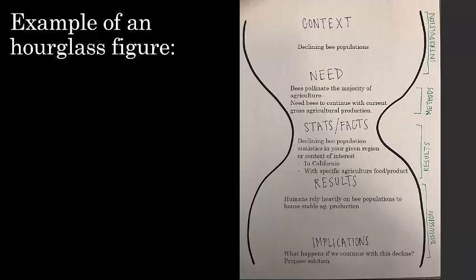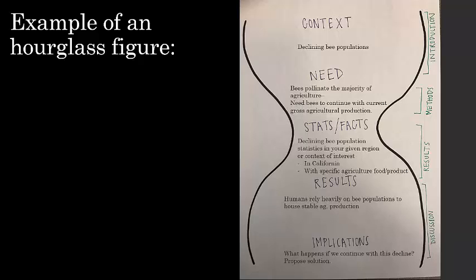For the one that I made, humans rely heavily on bee populations to house stable agricultural production. So I'm using my stats and facts from the section above to explain that we do rely on those populations. And then to finish it off, you really think about, what happens if we continue with this decline of bees? What are the implications for that?